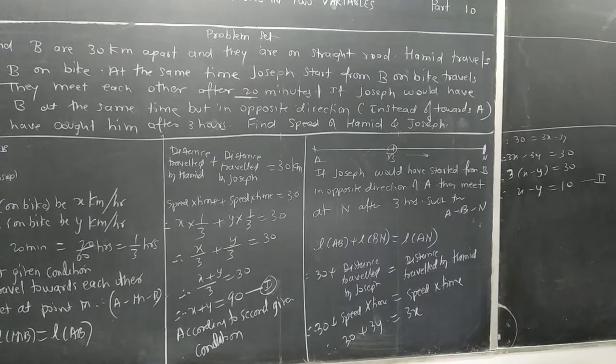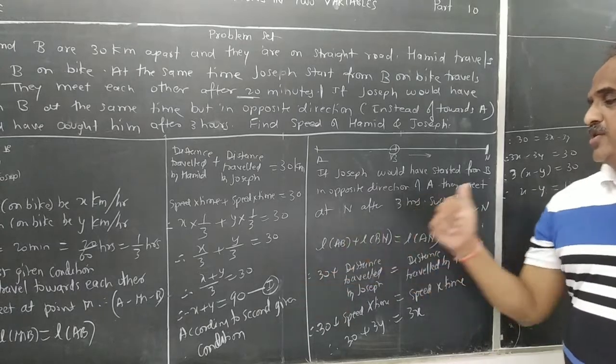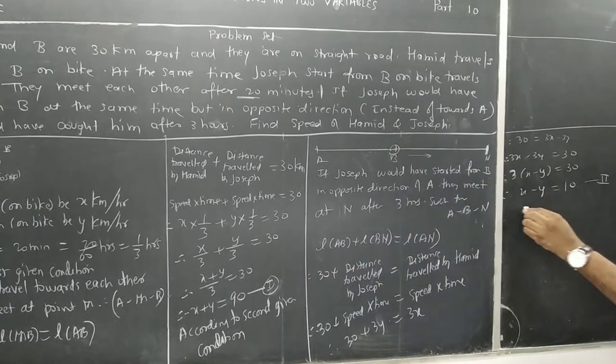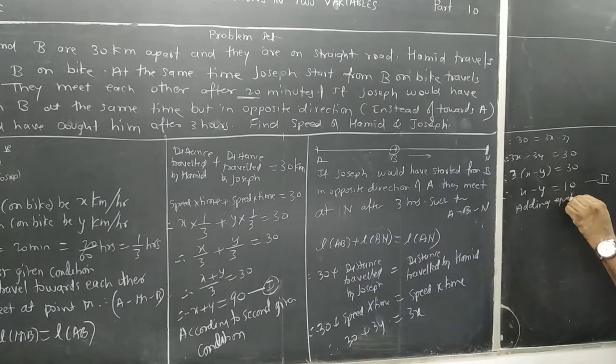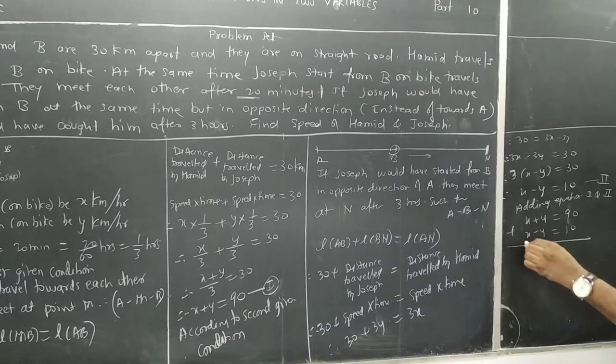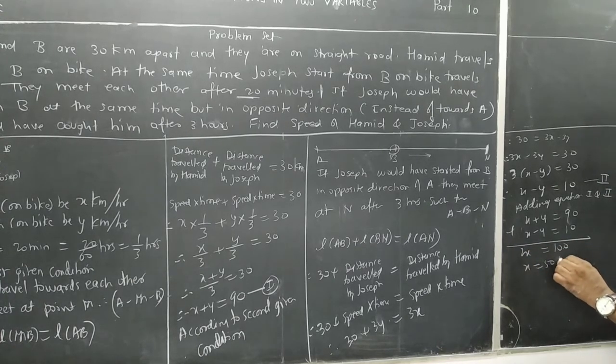Now we can add equations 1 and 2. X plus y is equal to 90, sorry. X minus y is equal to 10. Adding, 2x is equal to 100. X is equal to 50 kilometer per hour.